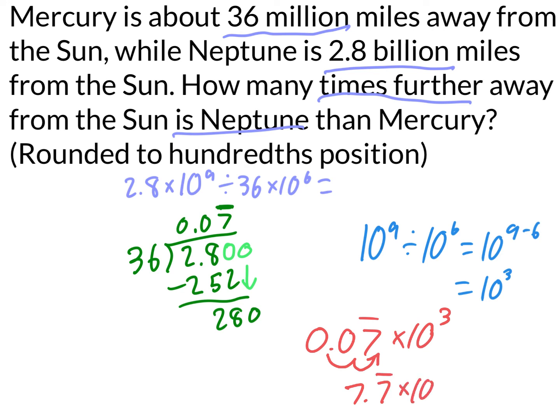So what we now have is 7.7 repeating times 10 to the first. This has not been rounded, and our answer needs to be rounded. The hundredths position is the second place after the decimal, so if we take 7.7777 and so on, and round it, we will get 7.78 times 10 to the first power.